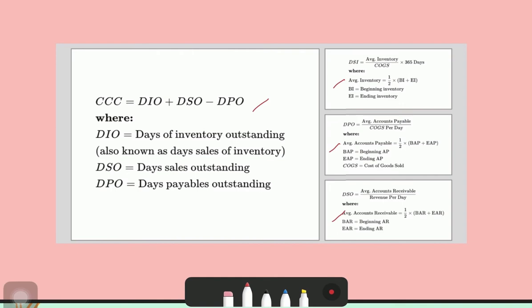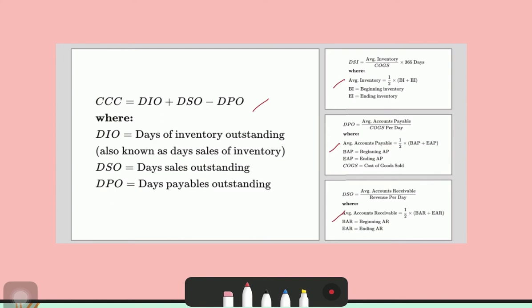Okay, you may have a high CCC if you sell products on credit and have customers who regularly or typically take 30, 60 or even 90 days to pay you. There are several ways you can shorten your business CCC. For example, you can make sure your accounts receivable collection process is as efficient as possible.